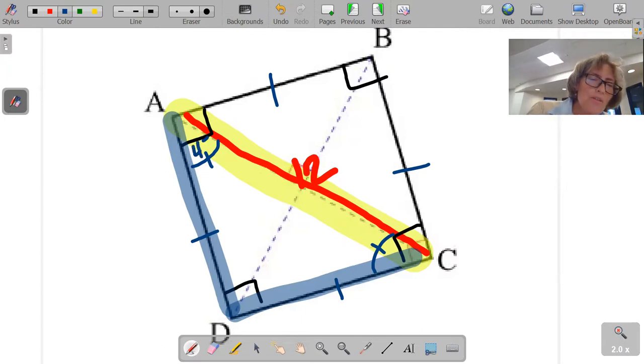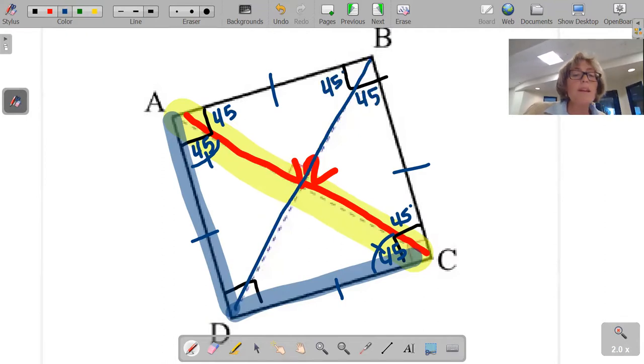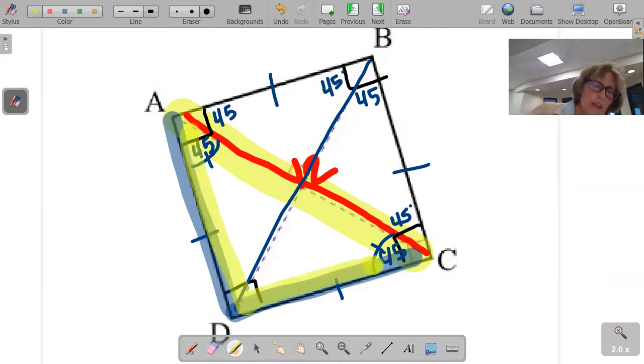So we've got 45, 45 here, 90, which means this has to be 45 because the diagonals bisect each other. This is 45, and if you were to go this way, this is also 45, also 45. So you got a mess of 45, 45, 90 triangles. If I come here, I'm going to do just one 45, 45, 90.